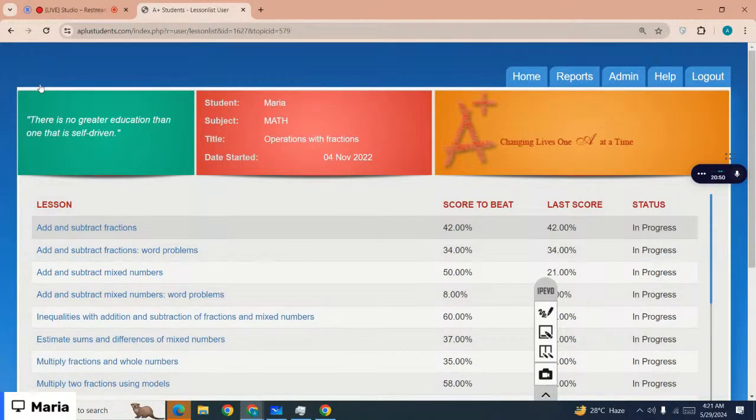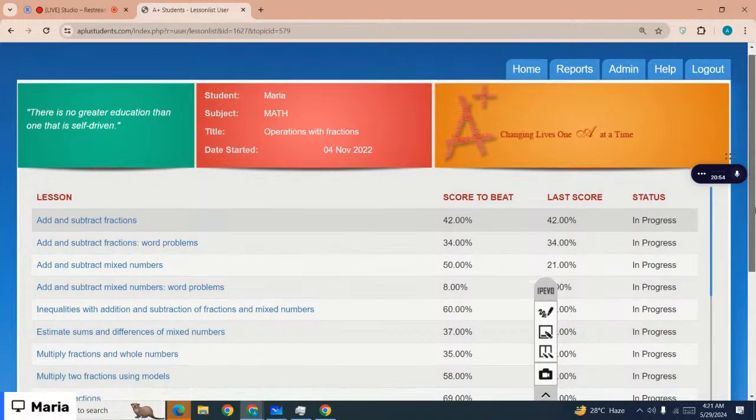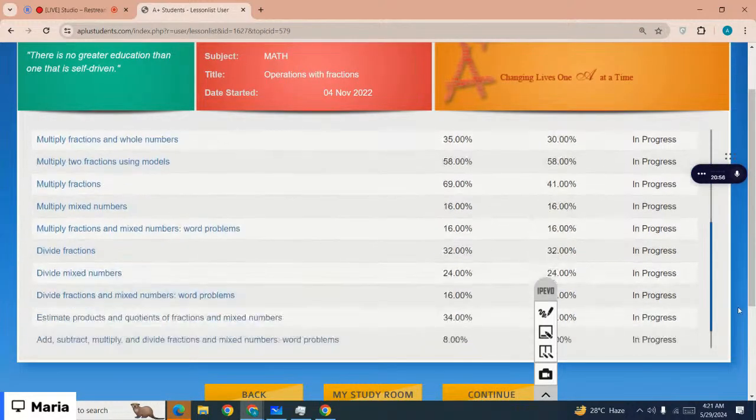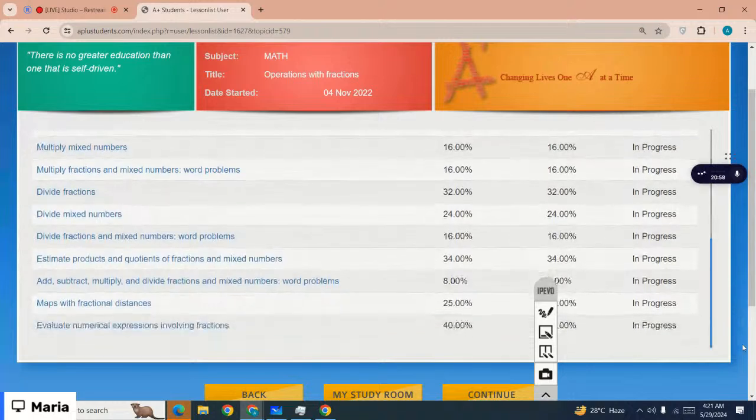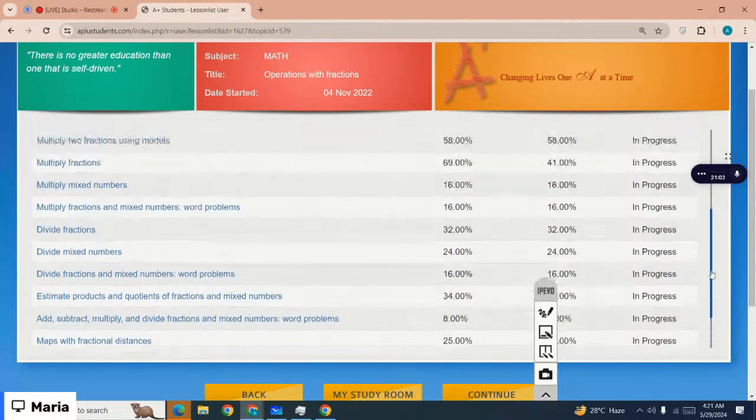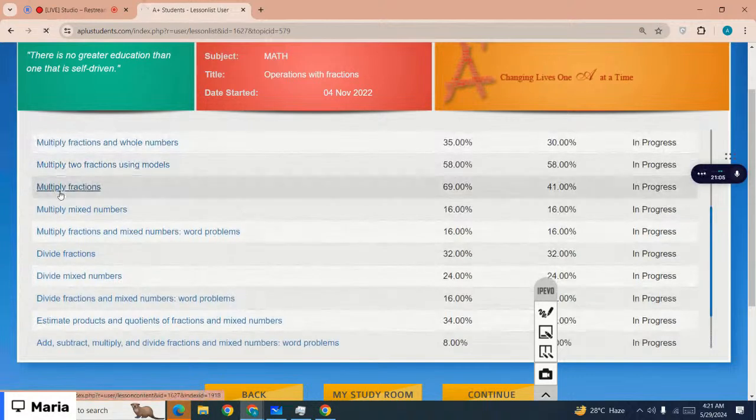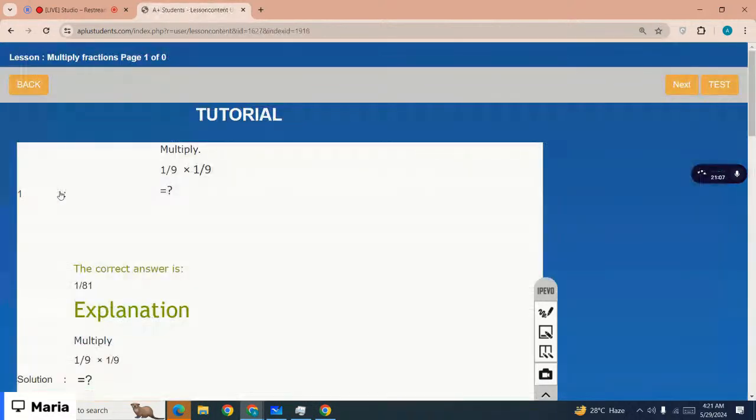And the next lesson is multiply fractions. So multiplying fractions is very easy. How do we multiply?